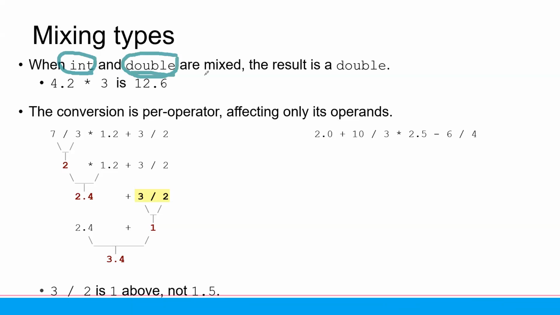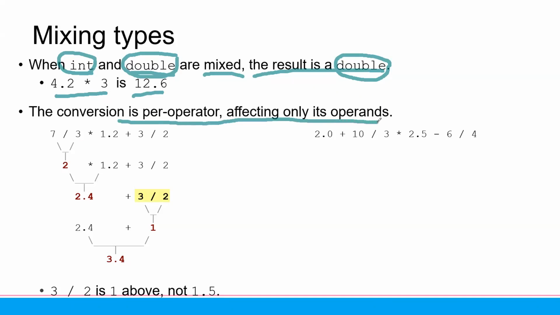If those two numbers are mixed, here is the statement. The result is a double. So if you have 4.2 multiplied by 3, the result will be a double or a real number. The conversion is per operator and affects only its operand.